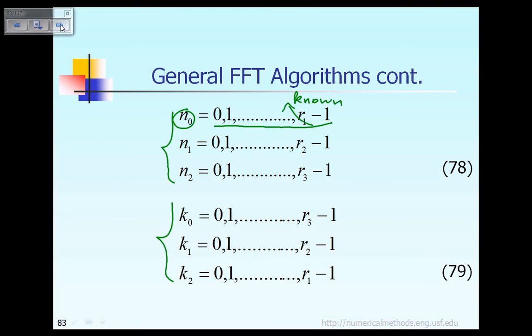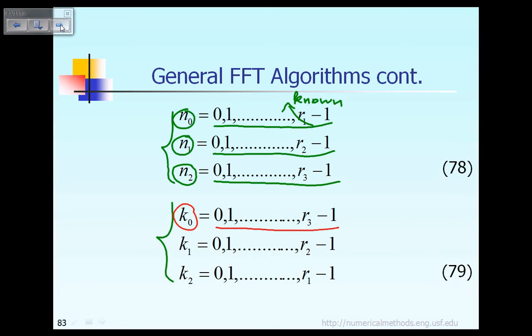Similarly, the value for N1 could be anywhere from 0, 1 up to R2 minus 1. The value for N2 could go from 0, 1 up to R3 minus 1. And again, the value for K0 can go from 0, 1 up to R3 minus 1.